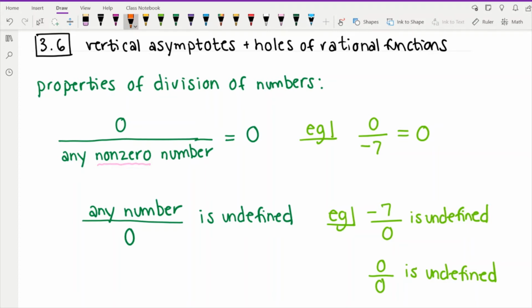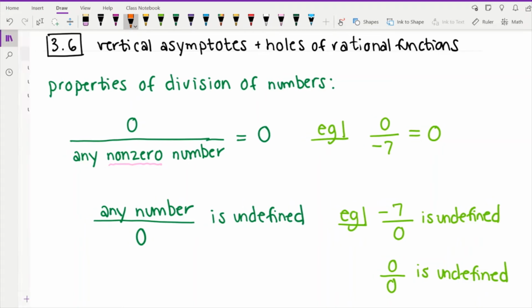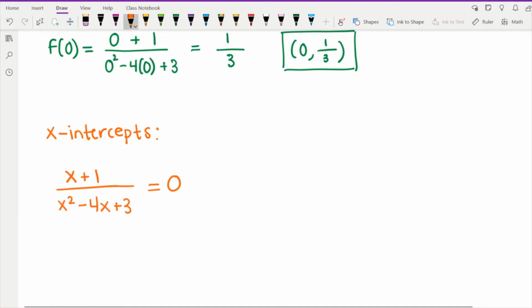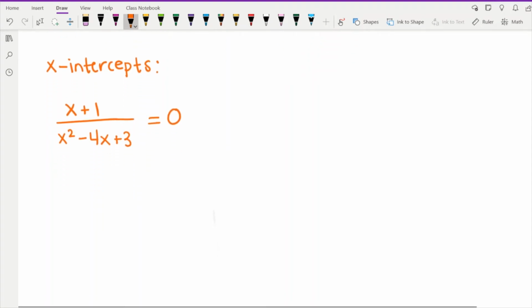Well, that happens when you have 0 divided by a non-zero number. So when we're finding the x-intercepts, we need to figure out where the numerator is 0, and then double check that that same number does not also make the denominator 0. Because if it also makes the denominator 0, then the whole function is undefined. It's not equal to 0.